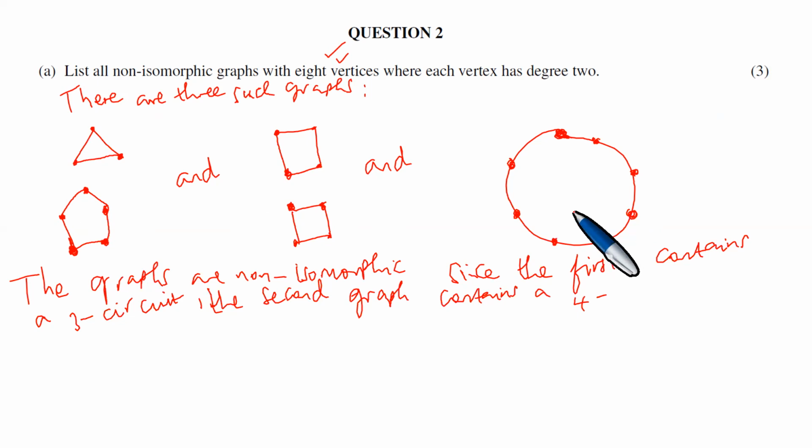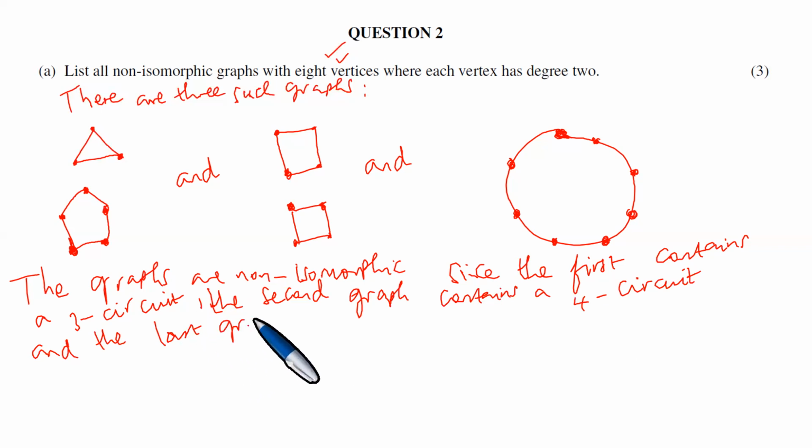Right. So the second graph, for instance, contains a 4-cycle, and the second graph has 2 4-cycles.